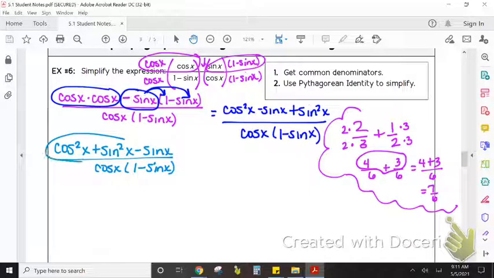Well, cosine squared plus sine squared, that's a Pythagorean identity, and it tells us right out, cosine squared plus sine squared equals 1. So I'm going to replace that. So this is 1 minus sine of x on top over my common denominator.